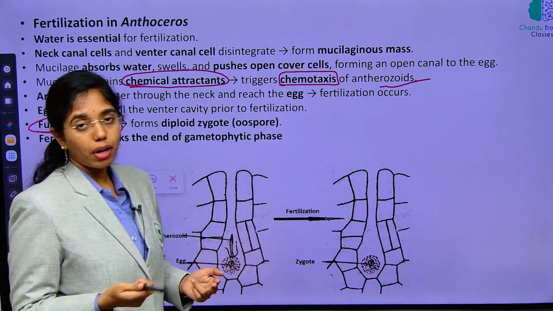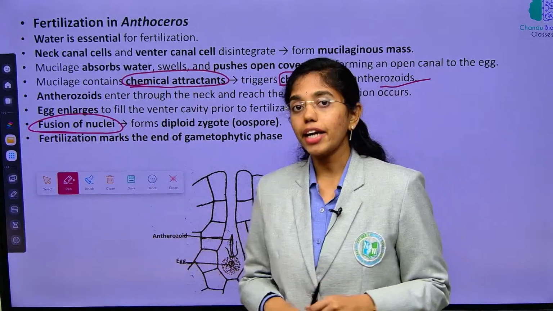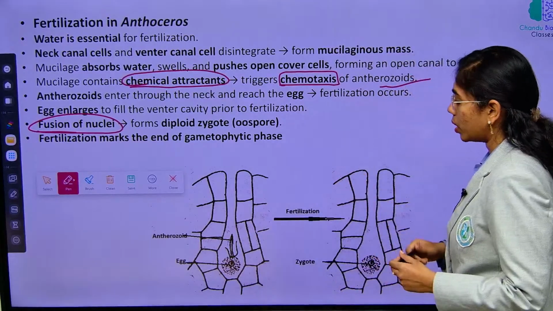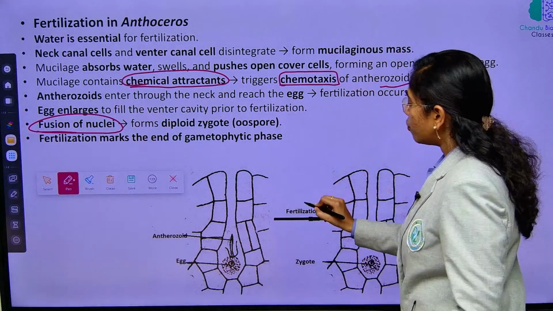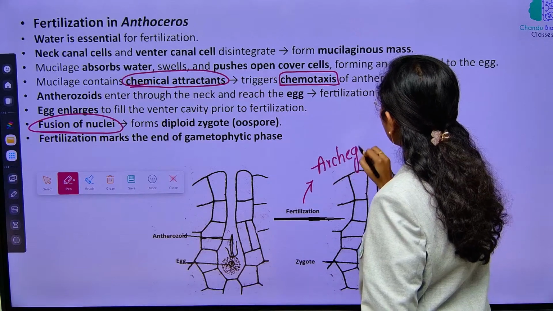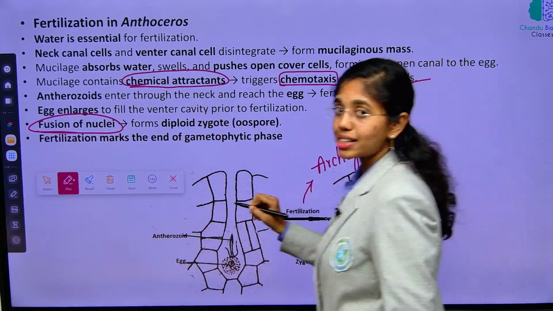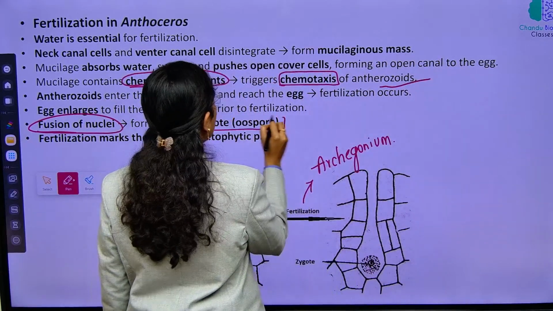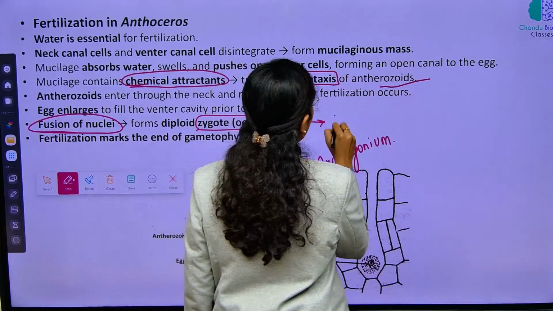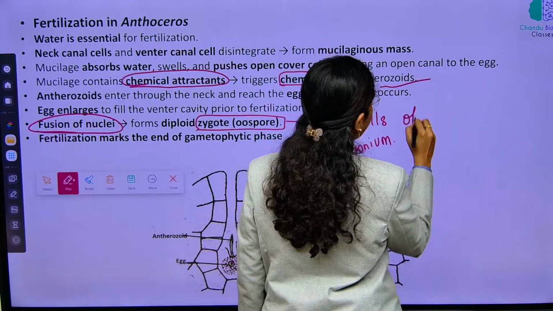Here you can get one question like, what is the site of fertilization? Site of fertilization is archegonium. Inside archegonium only fertilization takes place. And it forms a diploid zygote which is addressed as oospore. This forms the first cell of sporophytic phase.